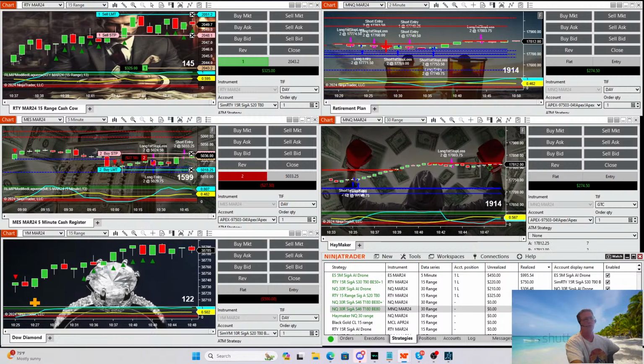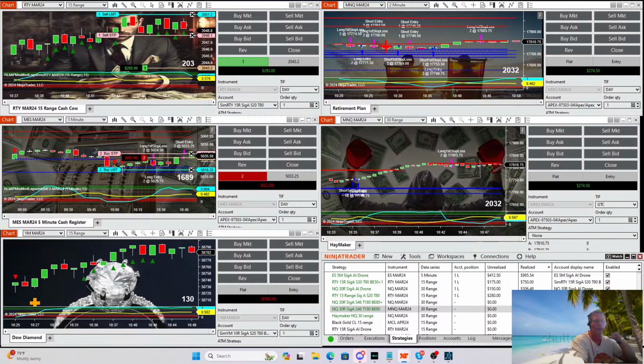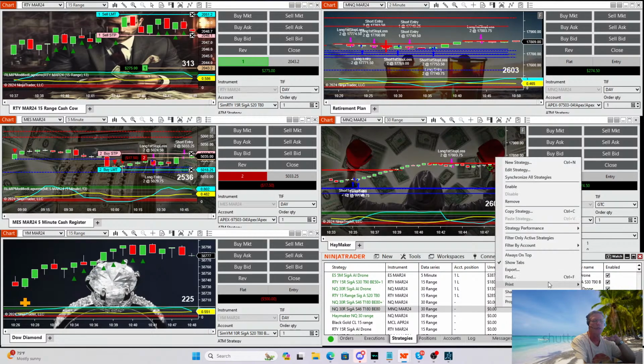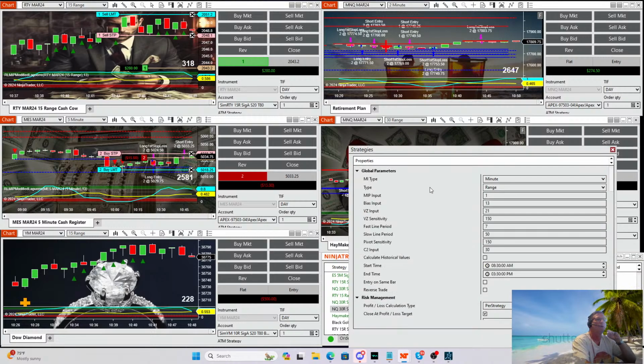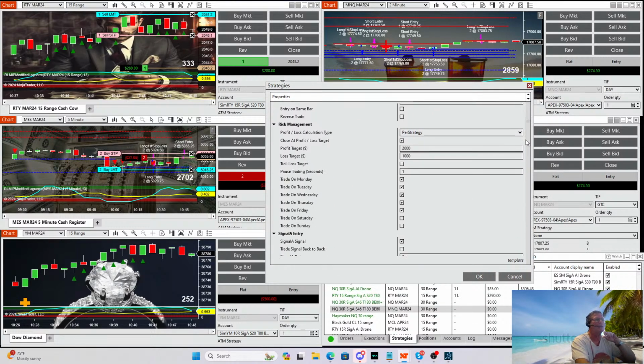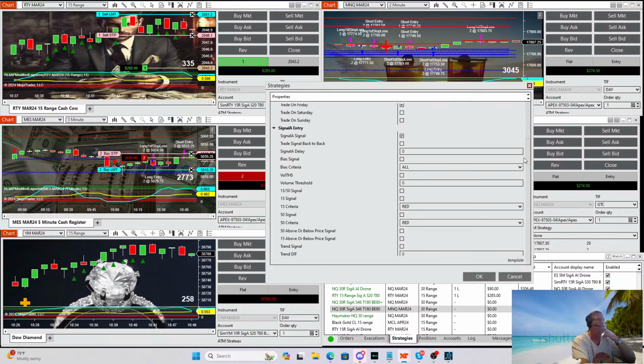What I can do is I'm going to disable this strategy. This is what I'm talking about. Take a look at this. If I disable this strategy and edit the ATM, what I can do here is something really interesting that will lock in profits for us as well.